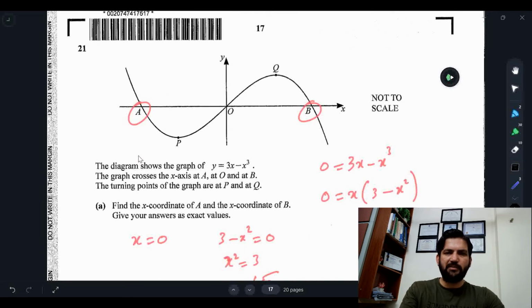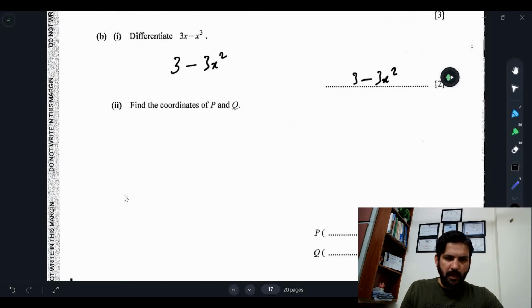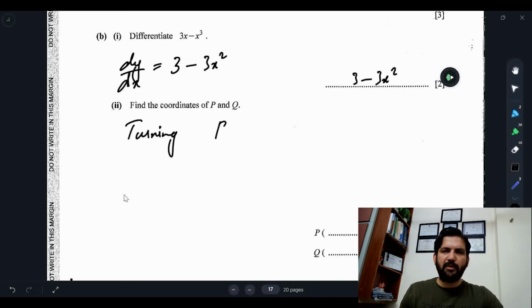So turning points means that we know dy by dx, at turning point or at stationary point or at maximum and minimum point, dy by dx should be equal to 0.